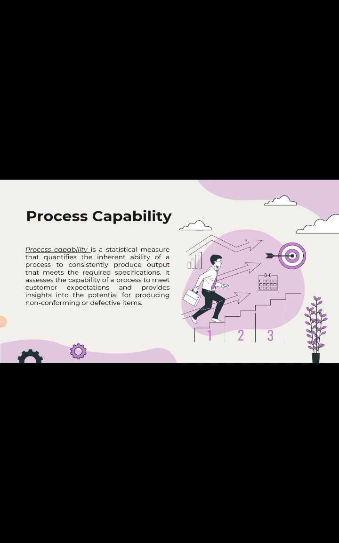It assesses the capability of the process to meet customers' expectations and provides insights into the potential for producing non-conforming or defective items. So, in other words, process capability is what controls the quality and lets us meet the quality that customers are expecting.